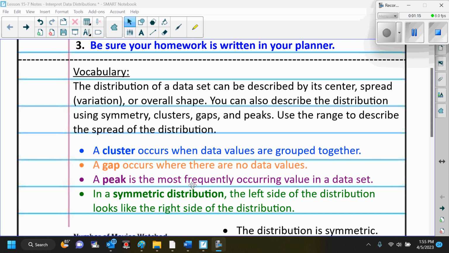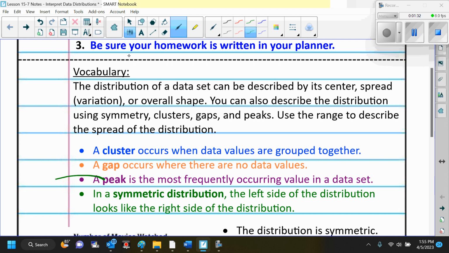A peak is the most frequently occurring value in the data set, which of course we call the mode. Another name for the peak is the mode. Let's put that in.